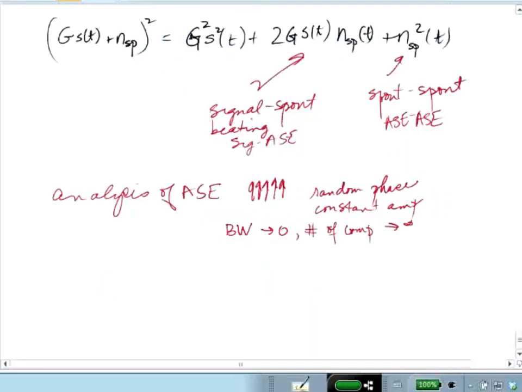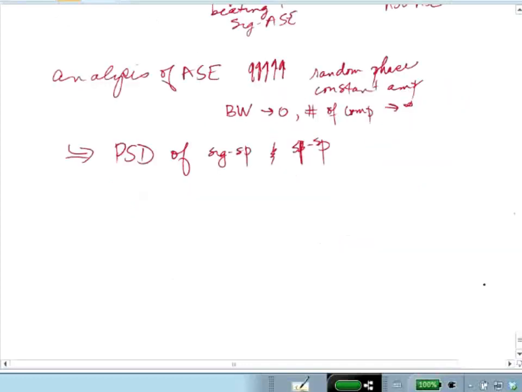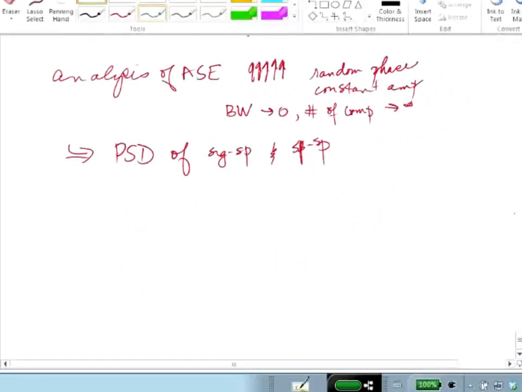This analysis gives the power spectral density of the signal-spontaneous and the spontaneous-spontaneous beating terms. I refer you to that paper if you're interested in the details. Right now I'll just give you the results.